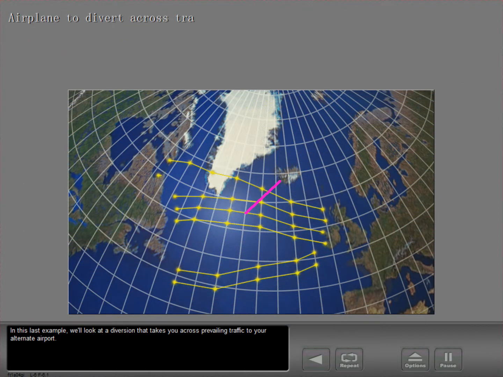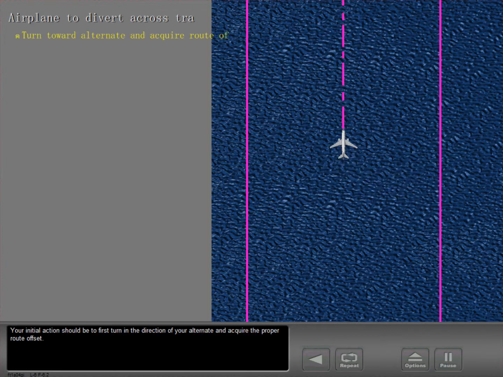In this last example, we'll look at a diversion that takes you across prevailing traffic to your alternate airport. Your initial action should be to first turn in the direction of your alternate and acquire the proper route offset.